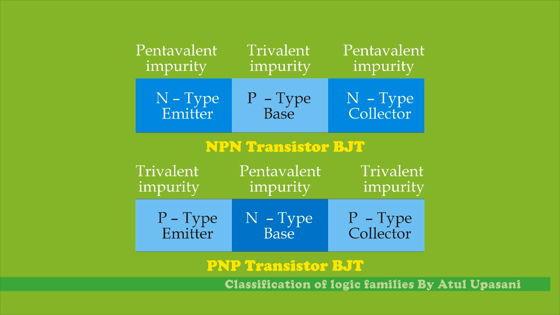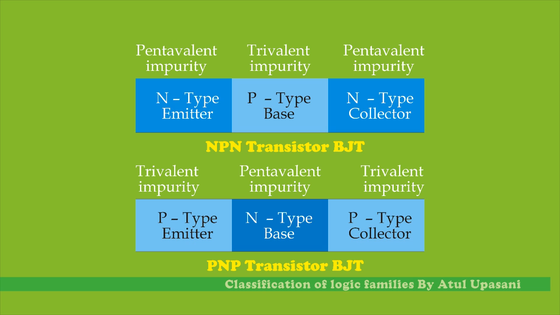We have seen that while constructing the BJTs or bipolar transistors, we have used a pure semiconductor in which the two ends are doped with the same type of impurity, and the middle region is doped with another type of impurity. We have used trivalent and pentavalent impurity.